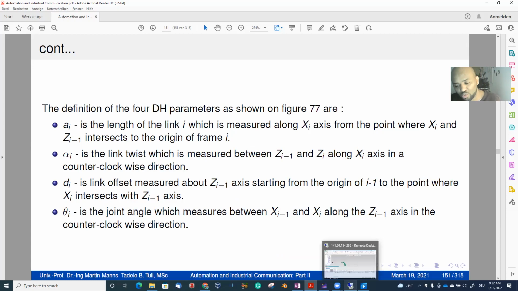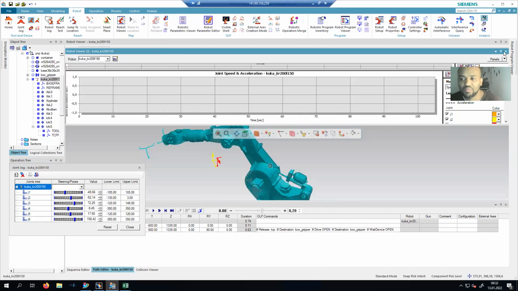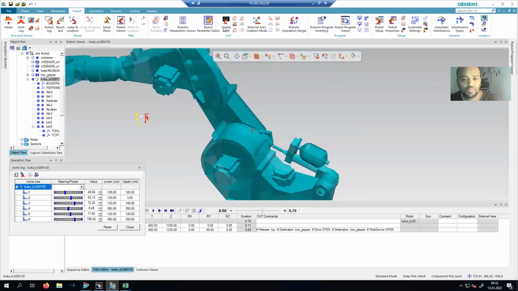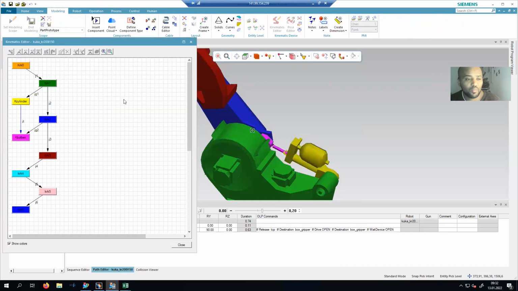Because we have so many joint variables for the robot here, we have to explicitly say that this is length. We have this, we have this, we have this, we have this, we have this.